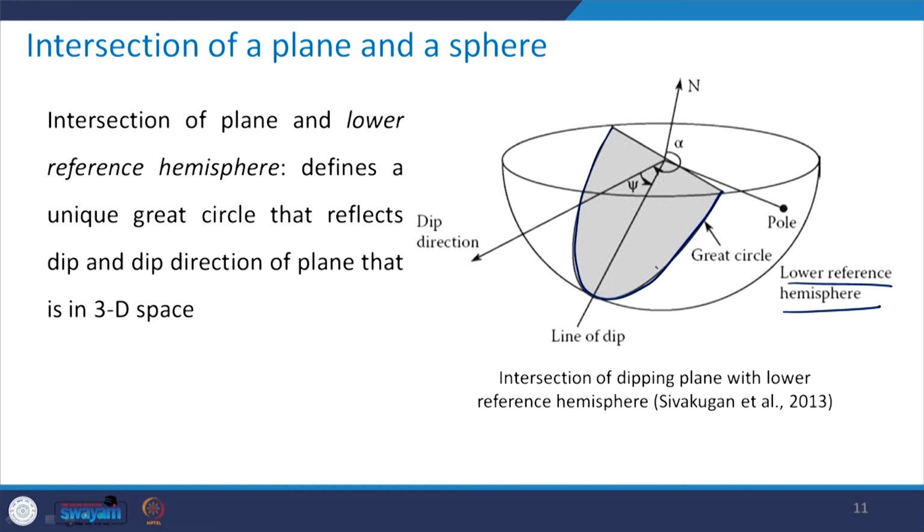This is defining a unique great circle which is representing the intersection of the plane with the sphere. Obviously this is going to be a unique great circle which will be reflected by the dip and dip direction of that plane in 3D space.